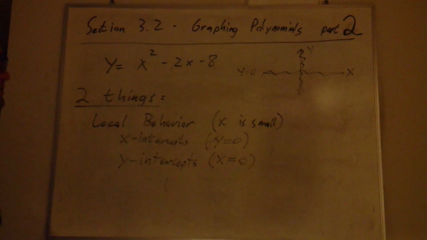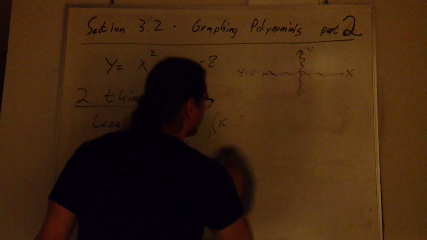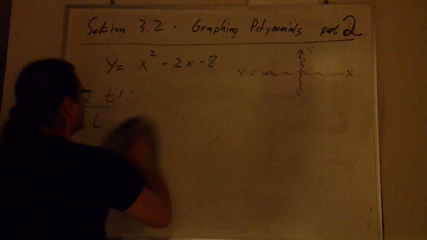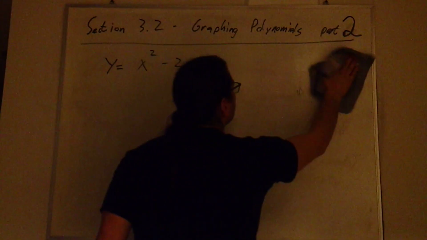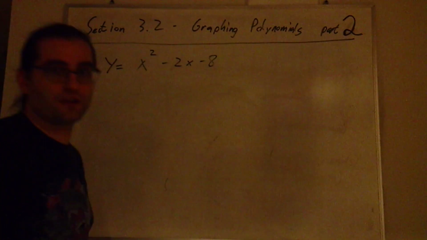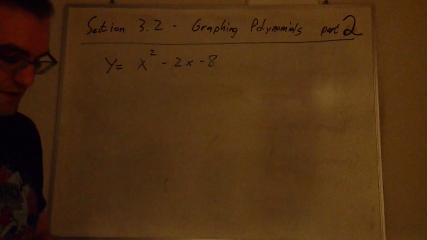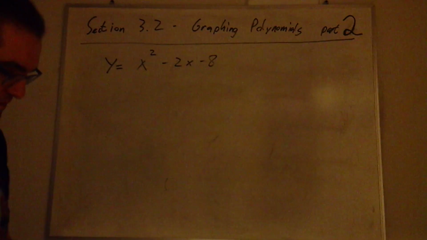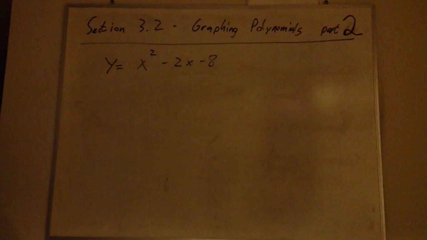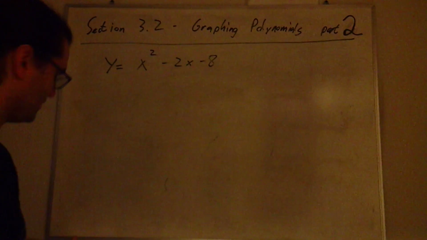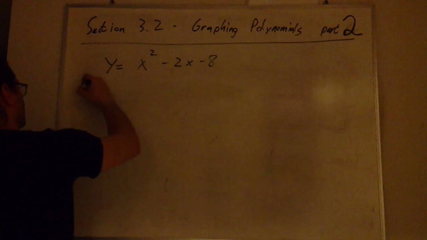I think I'm going to have to erase this for room. Good thing this is recorded, and if you needed to look at it longer, you can just rewind the video. Okay. Let's talk about x-intercepts first.